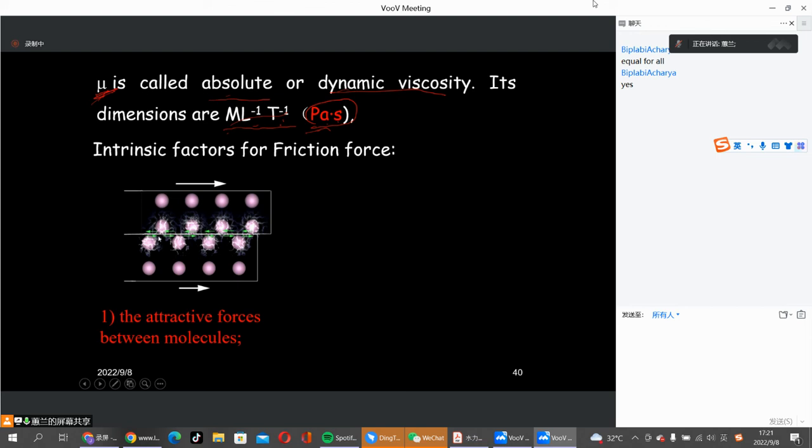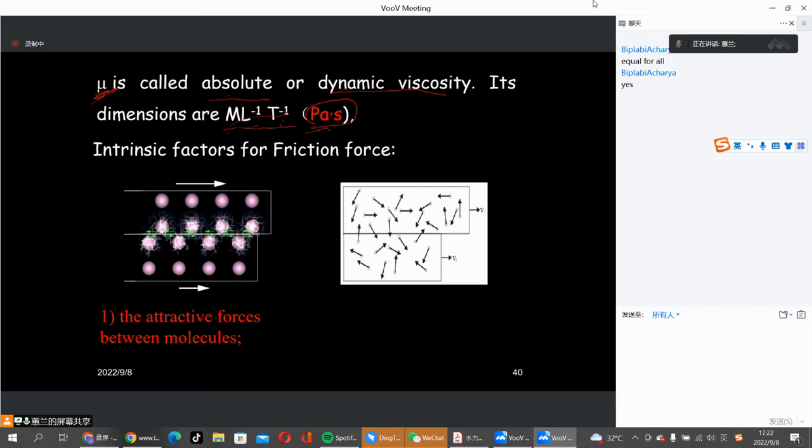You can see the green arrows, right? This is the force because of the attractive force between molecules: you go forward, I don't want you to go away from me, so I just drag you behind. Okay, so attractive forces between molecules are actually one important reason for the friction force.